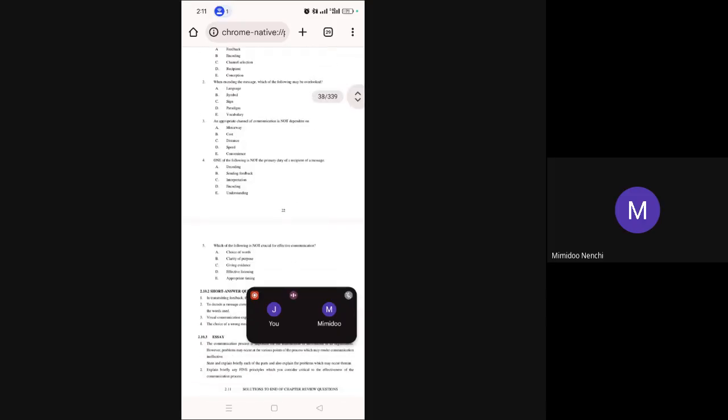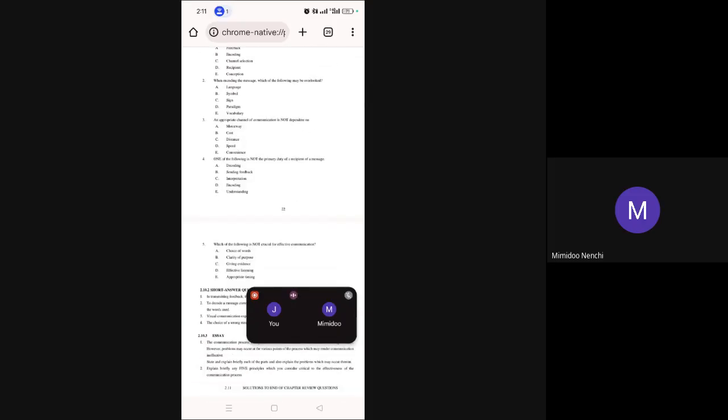Now the next one: which of the following is not the primary duty of the recipient of a message? Decoding, sending feedback, interpretation, encoding, understanding.